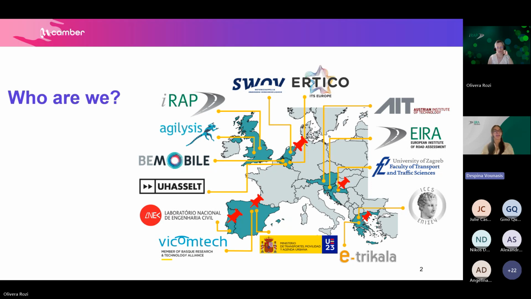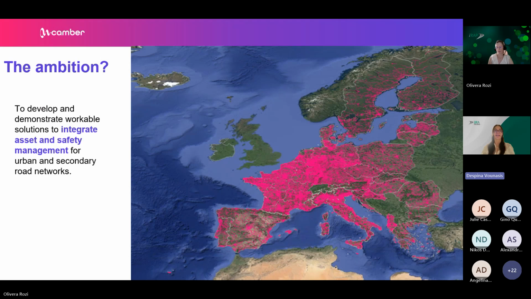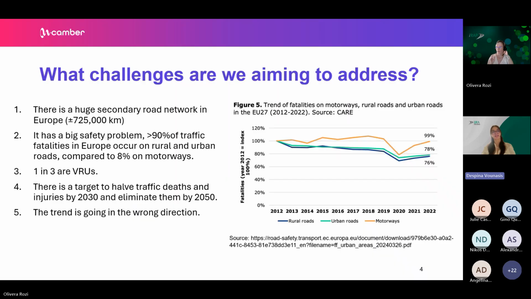The main ambition of the project is to develop and demonstrate solutions that integrate asset and safety management for urban and secondary road networks, and it aims to bridge the gap between infrastructure maintenance and road safety.